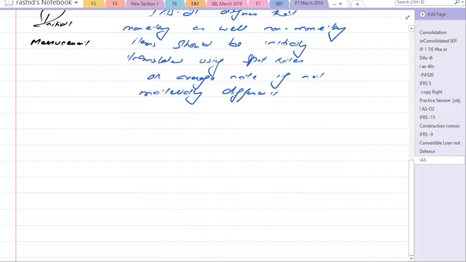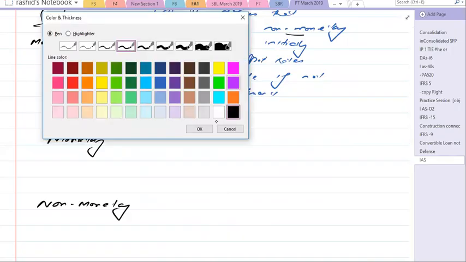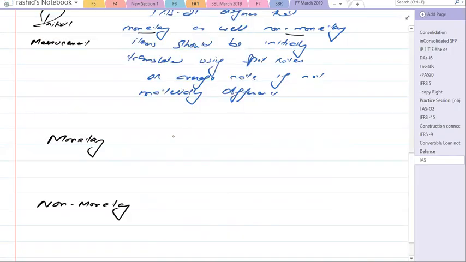So you have monetary as well as non-monetary items. Monetary items are such as receivables, payables, loans.